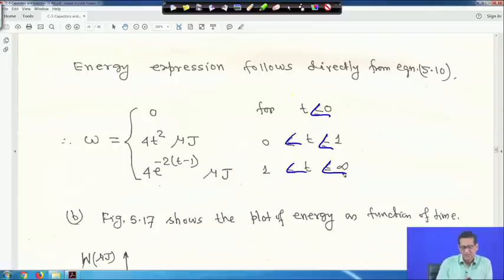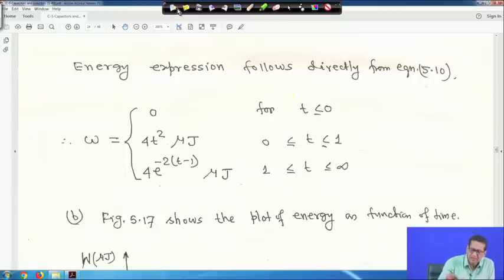I am correcting that. And in the third case, half C v squared will become 4 e to the power minus 2(t minus 1) microjoule. These are all micro units. Please do it yourself; I have done it for you, a simple thing. So, this is the energy expression.